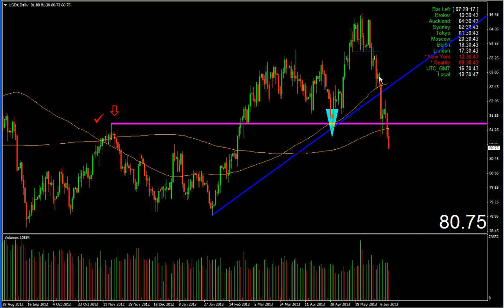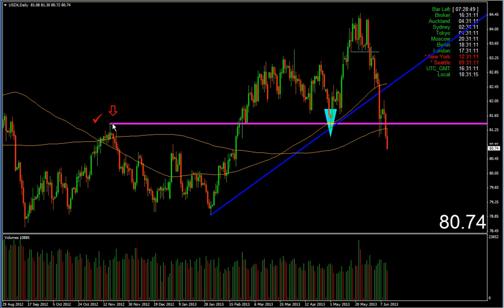We broke last week, and we break down here also the high from October. And today we are trading under the 200 SMA in the red area.